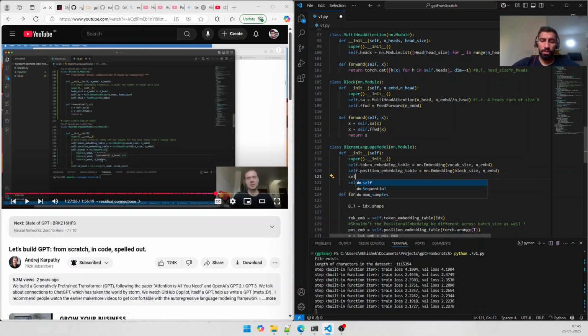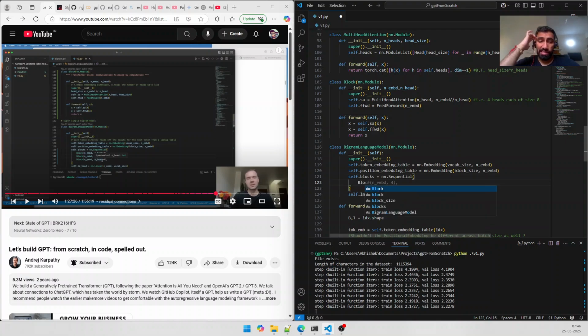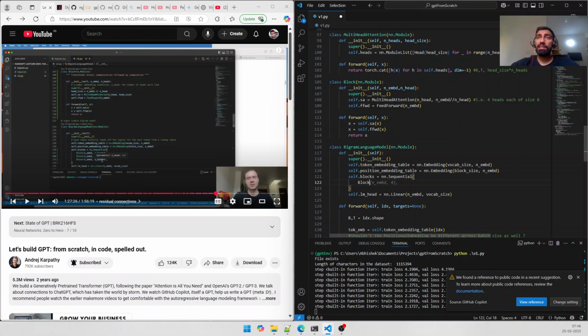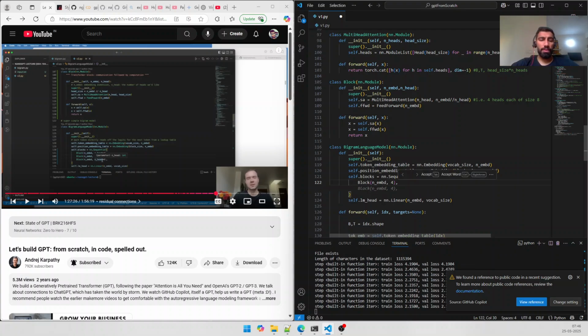So self.blocks, nn.Sequential, and the embedding and the number of heads.